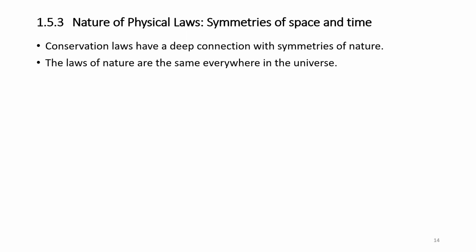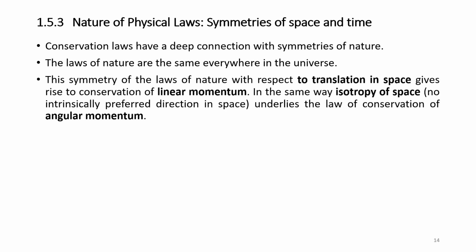The laws of nature are the same everywhere in the universe. The symmetry of laws of nature with respect to translation in space gives rise to conservation of linear momentum. In the same way, isotropy of space, meaning no intrinsically preferred direction in space, underlies the law of conservation of angular momentum.